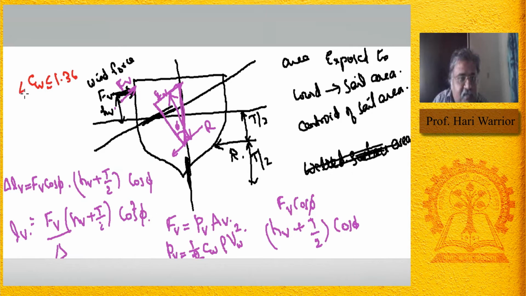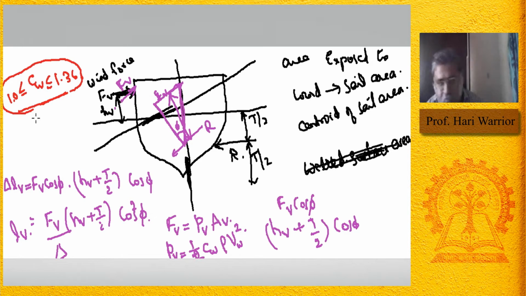It depends upon the place and some other conditions. But usually it is taken as 1.2. So if you don't know anything, you just take CW as 1.2. So once you have CW, you have PV.